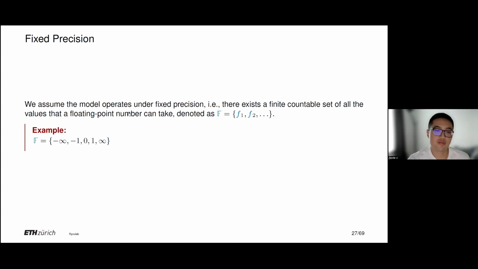So before we start, we assume fixed precision, which means we have a finite countable set of all the values that a number can take in the transformer. In a very simple case, we can imagine the set is just -1, 0, or 1, with 2 special values, negative infinity and positive infinity.